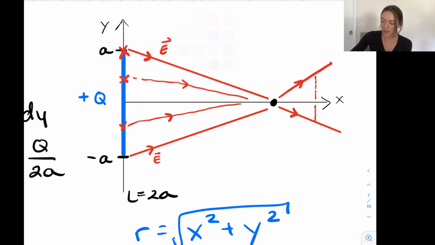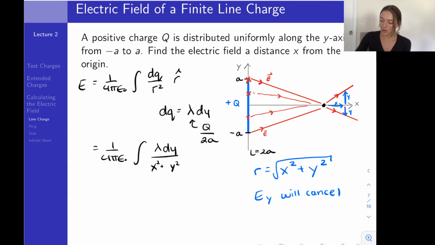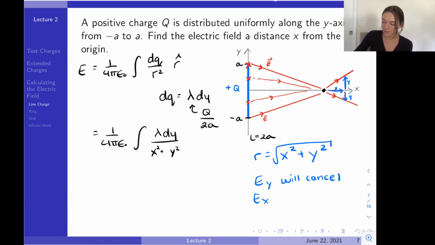So these y components here, we can break each one up so we have x and y components. These y components are in opposite directions for every single point along this rod. And then the x components we see don't cancel. So the x components will add for each point along this rod. The x component only will contribute. And the y component will be canceled by its sort of mirror image point charge over here. All right, so we know E_y will cancel and only E_x will be left.